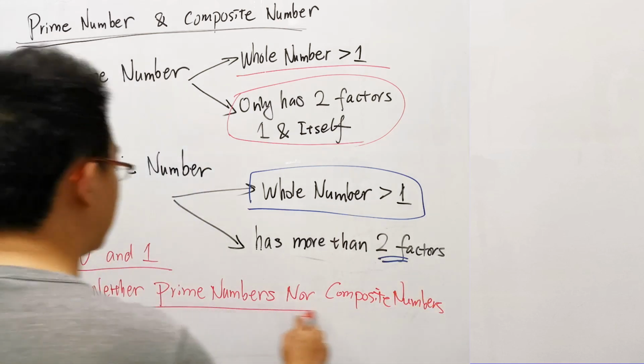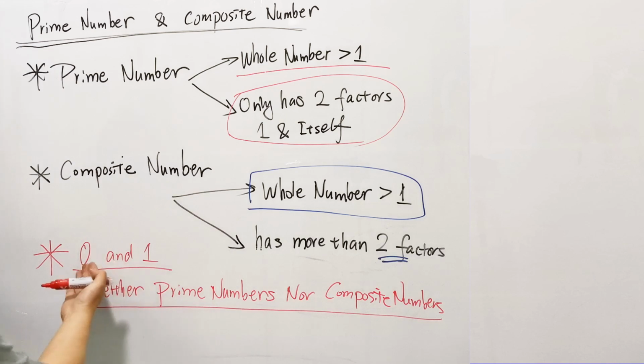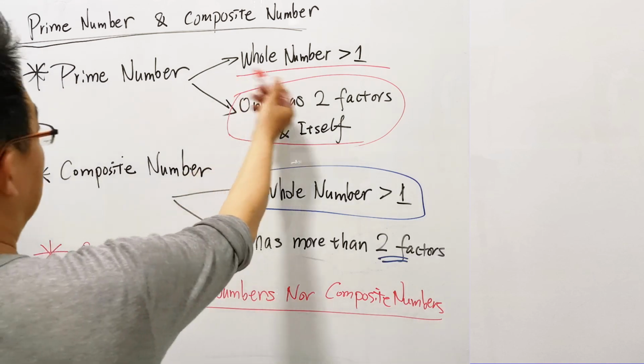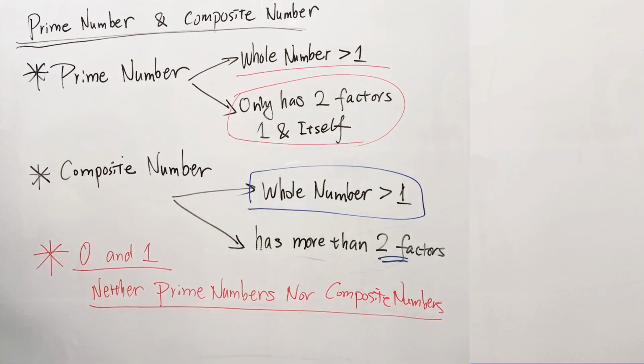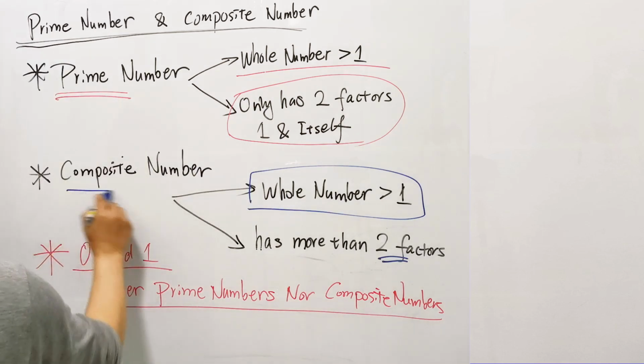Just remember this. We don't call 0 and 1 a prime number, nor a composite number. They do not fulfill these two definitions of prime number and composite number.